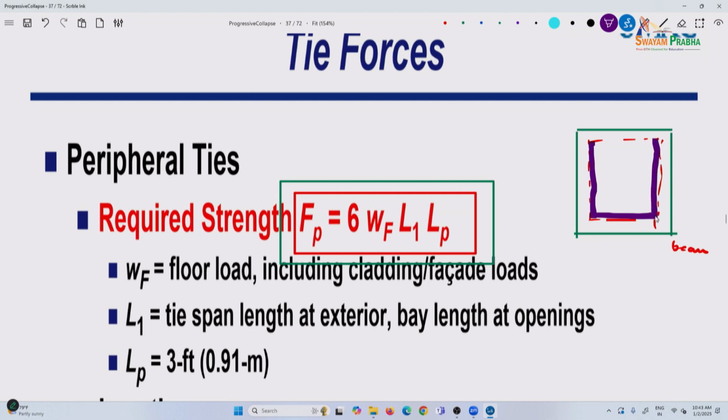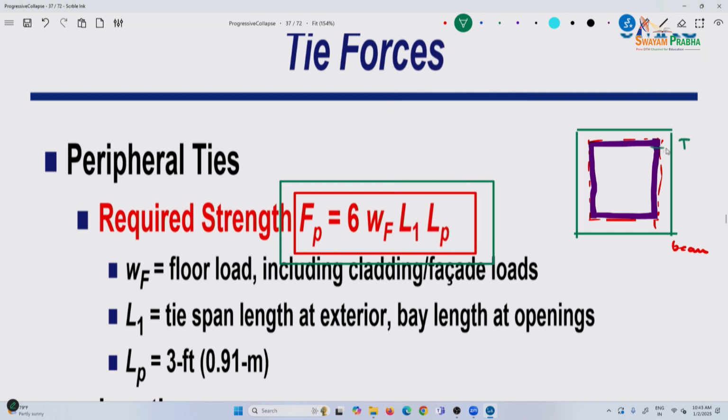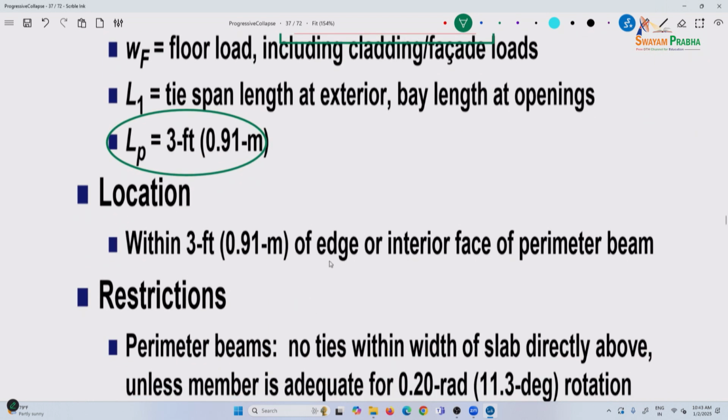So, peripheral ties come and it says Lp. So, this here is Lp. From here to here, Lp is 3 feet. So, location within 3 feet of the edge or the interior face.